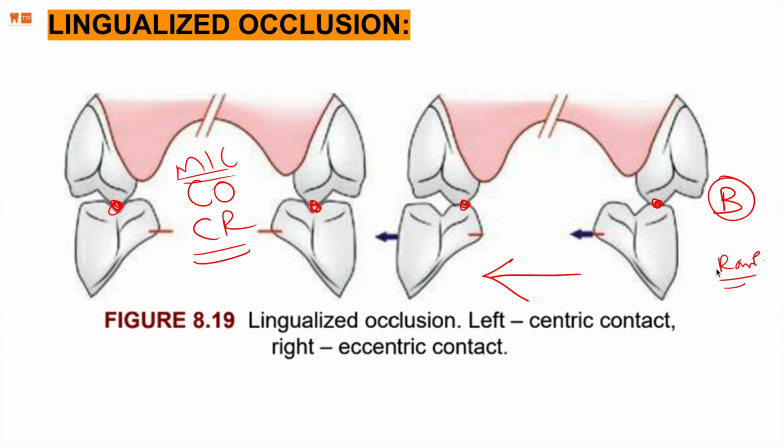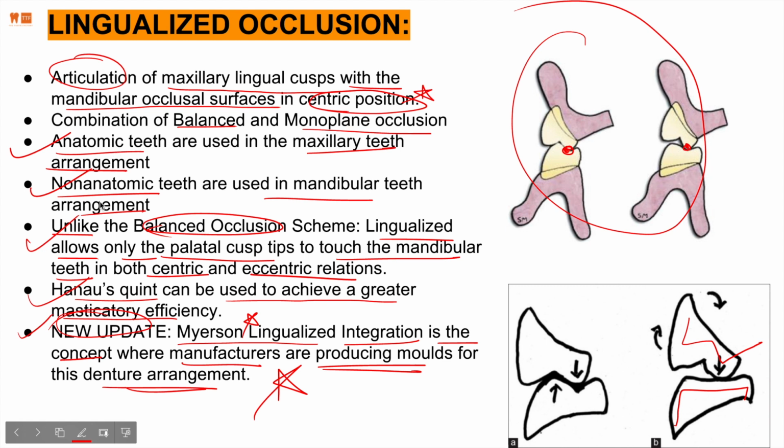Well, fortunately, lingualized occlusion takes it a notch ahead and helps us because we don't need balancing ramps. The palatal cusp tips are touching the mandibular occlusal surface, giving us a balanced occlusion. And that's why we had said that there is a combination of balanced and monoplane occlusion.